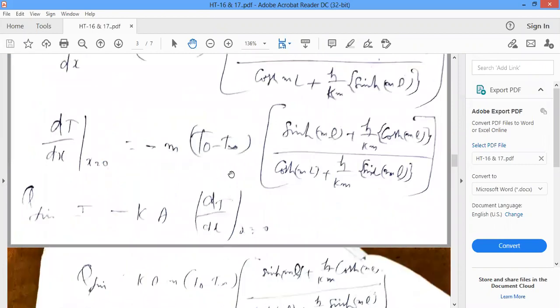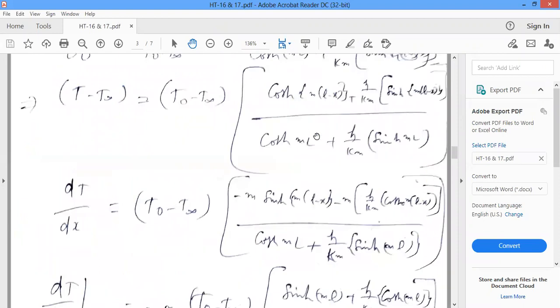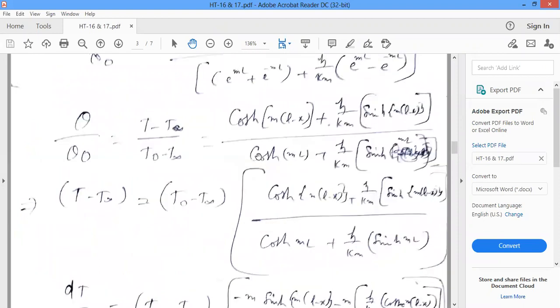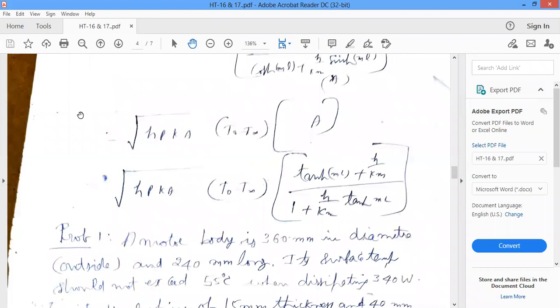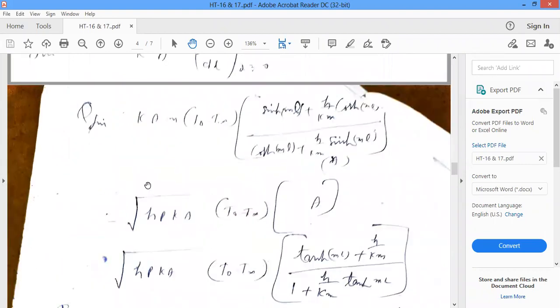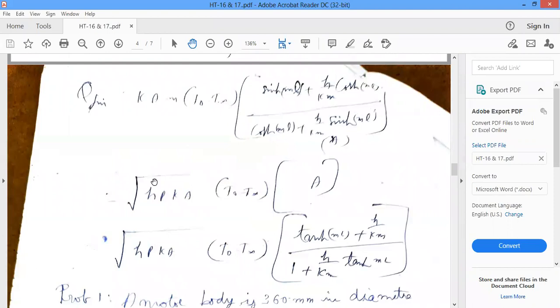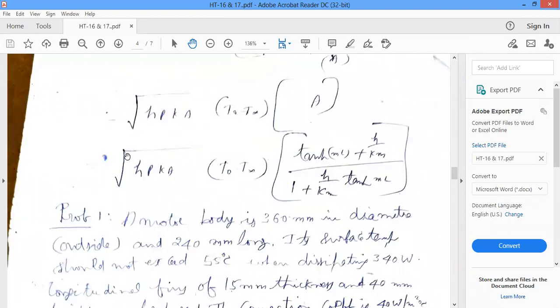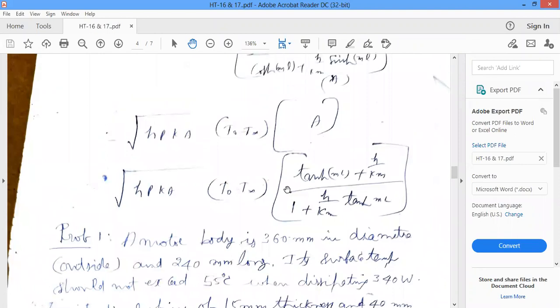The temperature distribution equation, and after getting it, the heat transfer rate Q fin through the short fin, for the third case. These two derivations were completed yesterday.